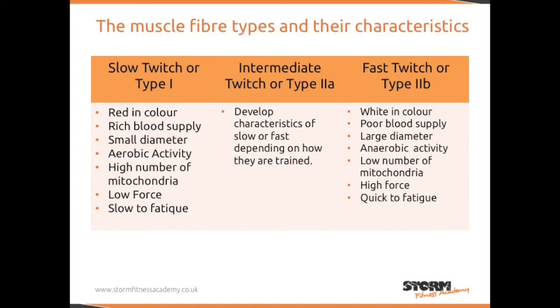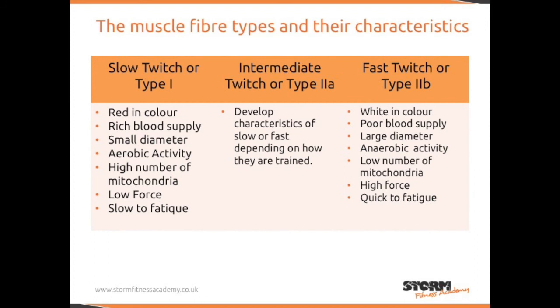This is because they have a rich blood supply. They also have a small diameter. They favour aerobic activity due to the size of them, but also the high number of mitochondria. They do produce a low force when compared to type 2As or type 2Bs, but they are very slow to fatigue.